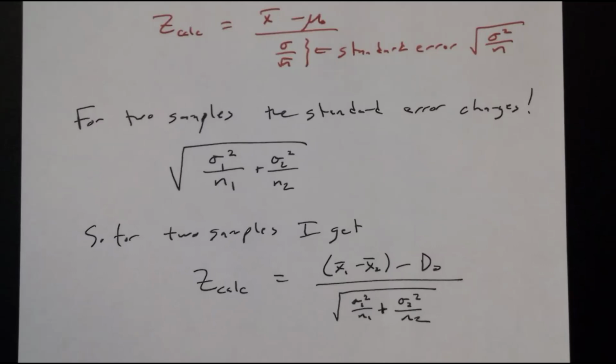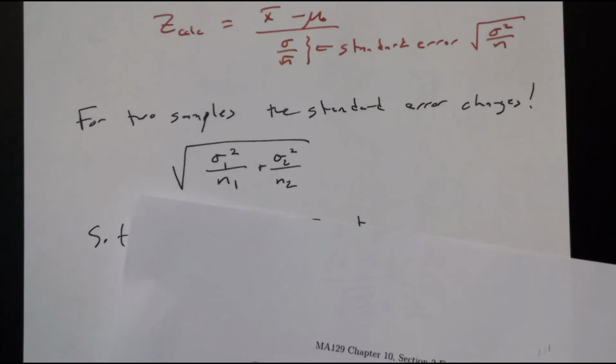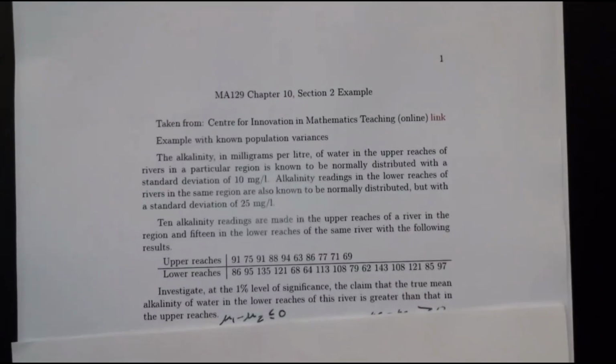And on our Canvas page, there is a PDF of a problem I stole from online. This is an EPA problem. They go out and look at the water, and they notice the water in two different sections of the river has different pH.